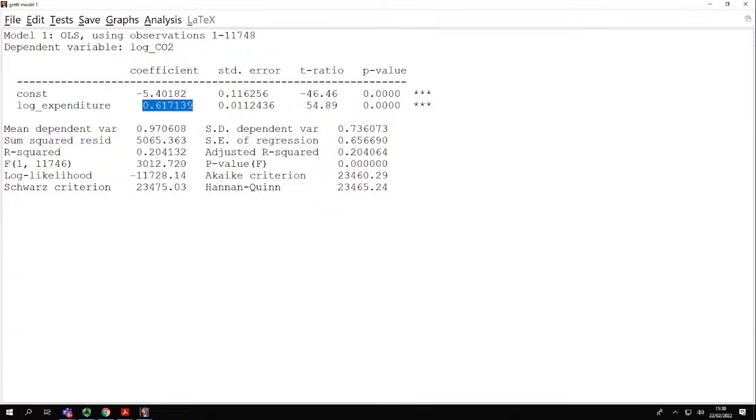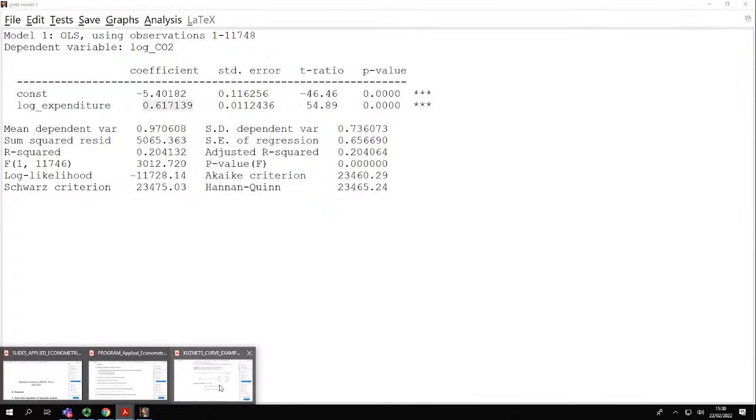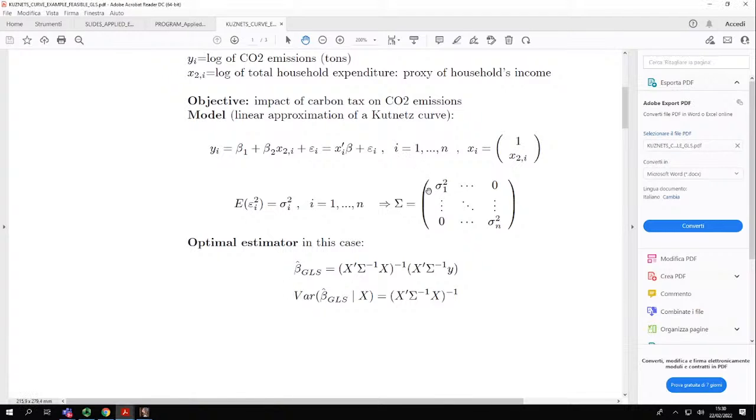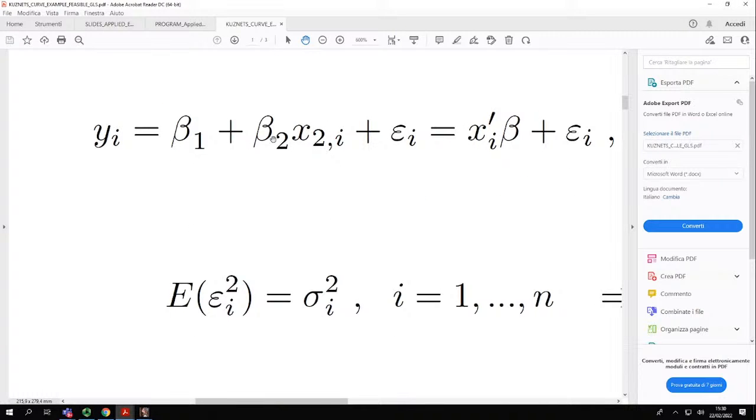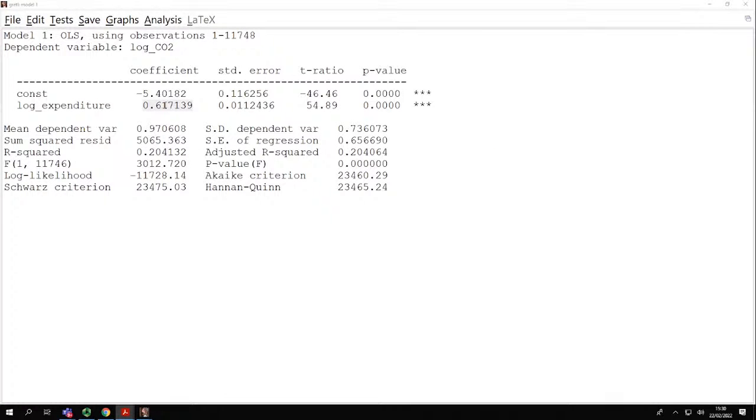So the estimated coefficient, the important one, the beta 2 estimated with OLS, is 0.62, which says that a 1% increase in household income implies a 0.62% increase in CO2 emissions.